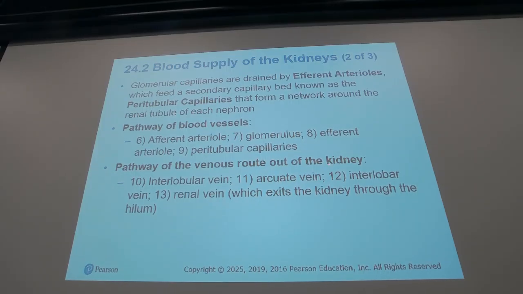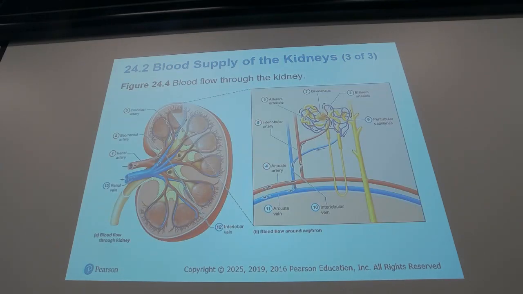And then the arcuate is going to enter into the pyramids, forming the interlobar vein, and then there are no segmental veins. So the interlobar veins merge and form the renal vein. And then the renal vein drains into the inferior vena cava.